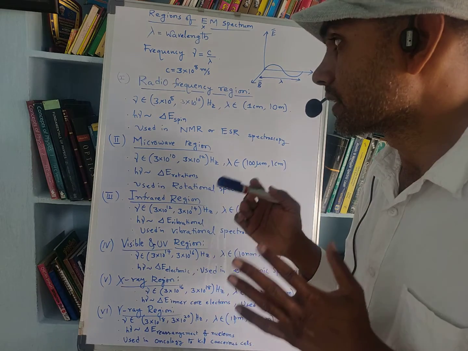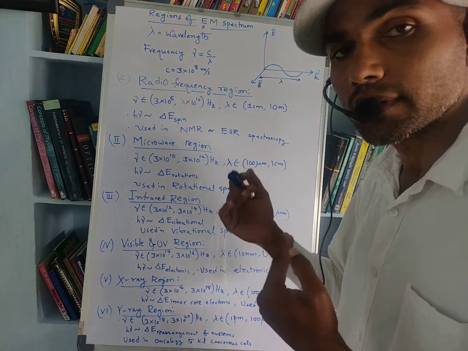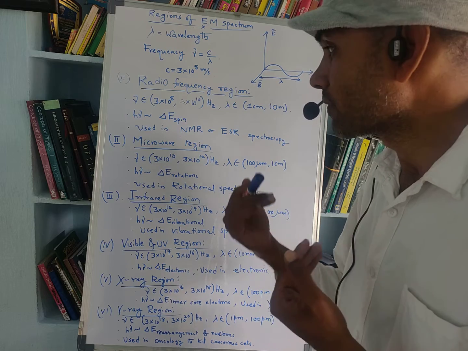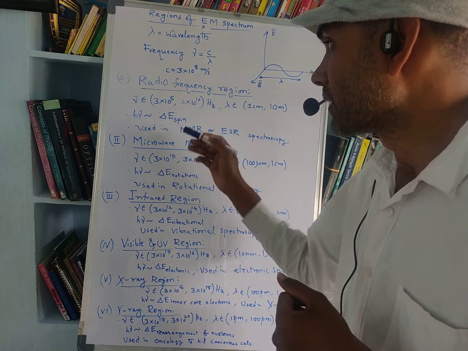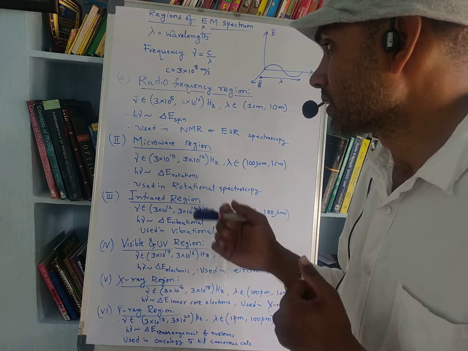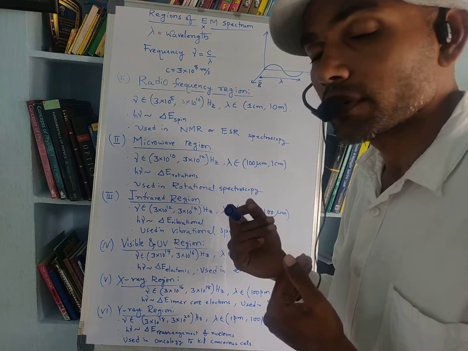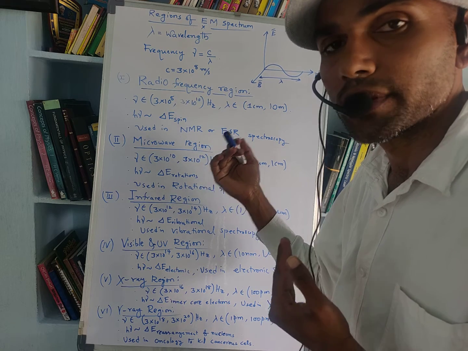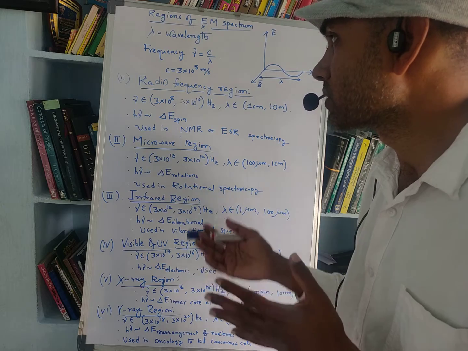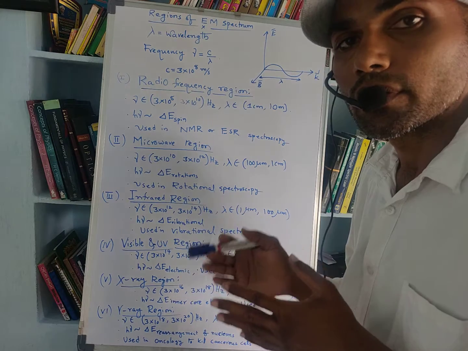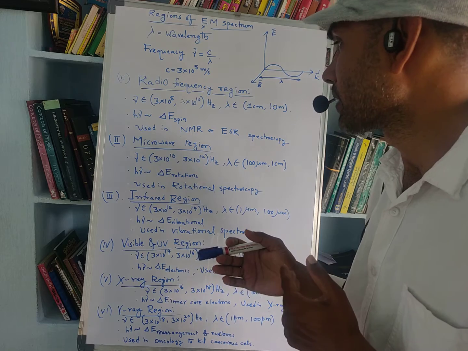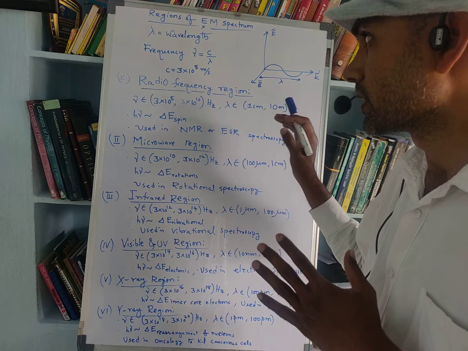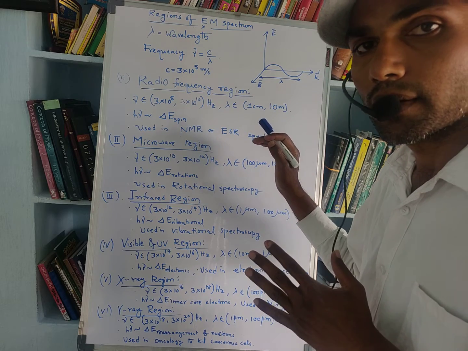The energy of the photon of the radiation of this region is of the order of the changes of energy involved in spin of a nucleus or maybe spin of an electron. So we can use this radiation to study nuclear magnetic resonance spectroscopy or maybe electron spin resonance spectroscopy. This is about the first region of electromagnetic waves.